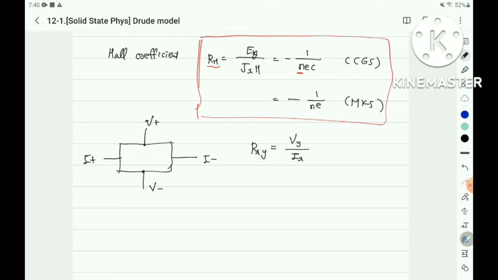Then rho xy is Rxy, the Hall resistance, multiplied by d, the thickness of the sample.